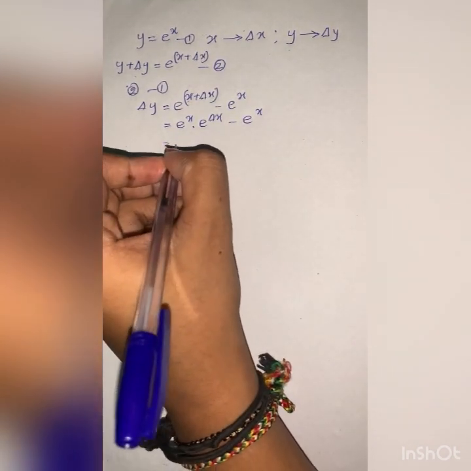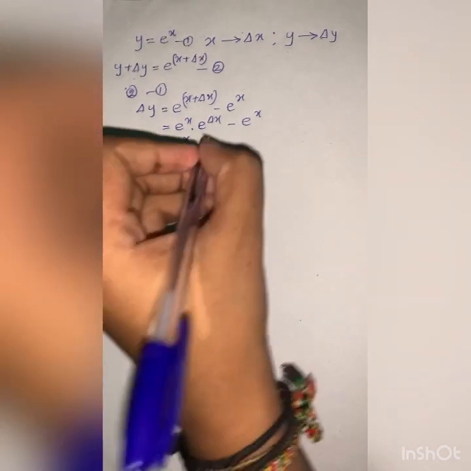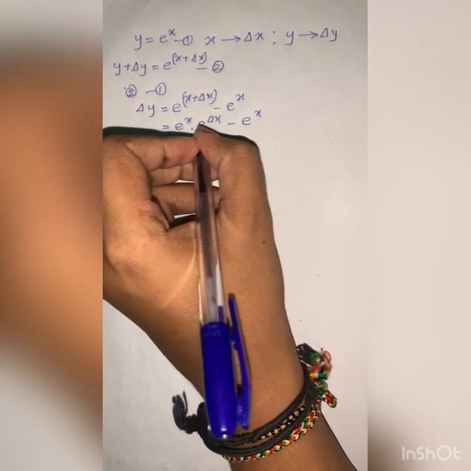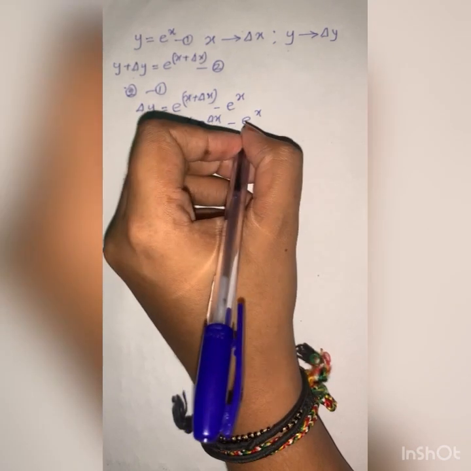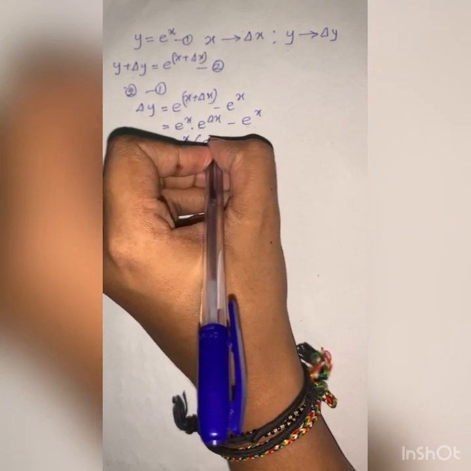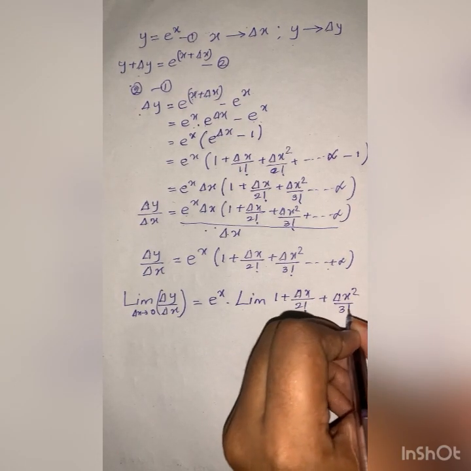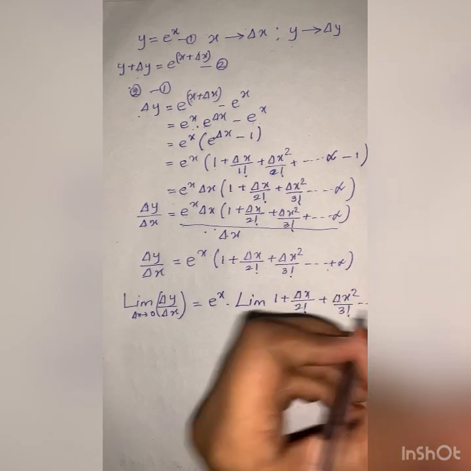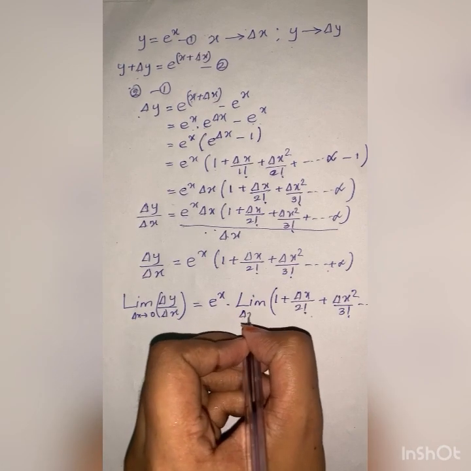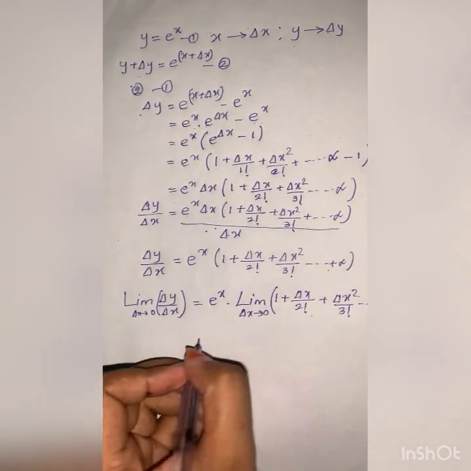If we take e to the power x, which is common in both terms, we end up with e to the power x into the series of delta x plus delta x squared over 3 factorial and so on, when delta x tends to 0.